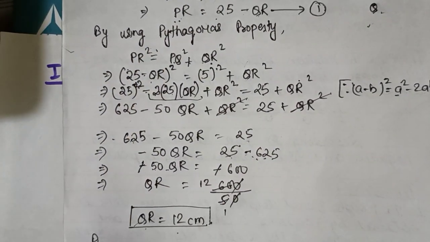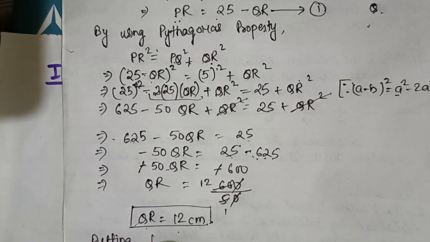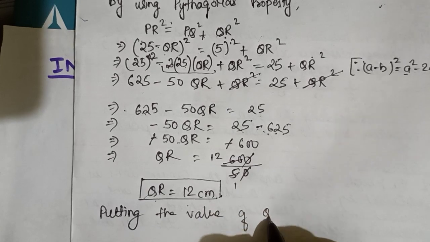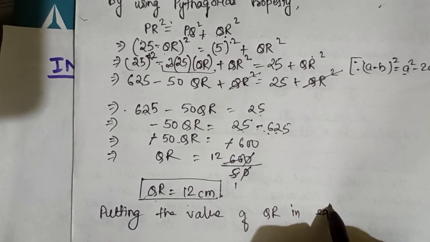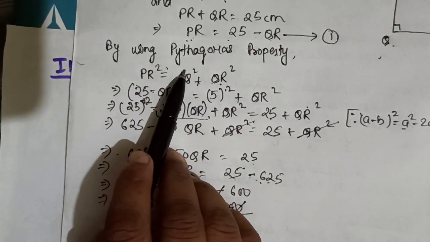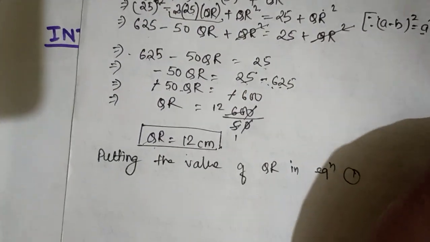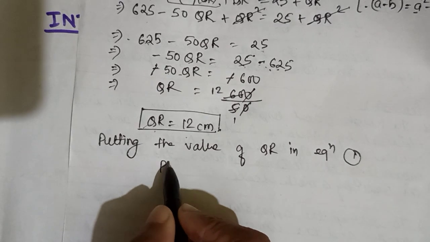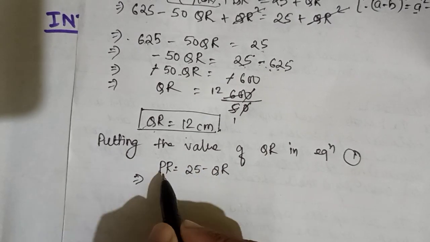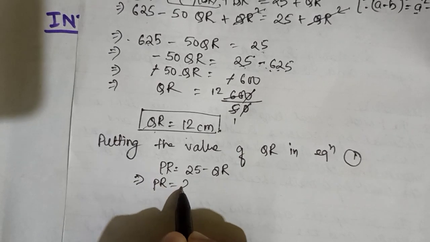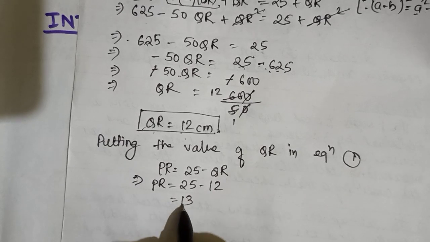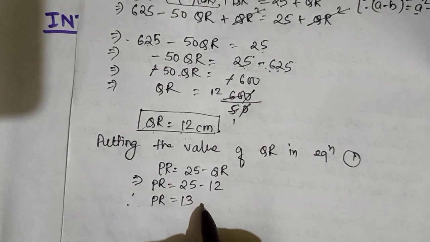So, putting the value of QR in equation 1: PR equals 25 minus QR, so PR equals 25 minus 12, which is 13. Therefore PR equals 13 cm.